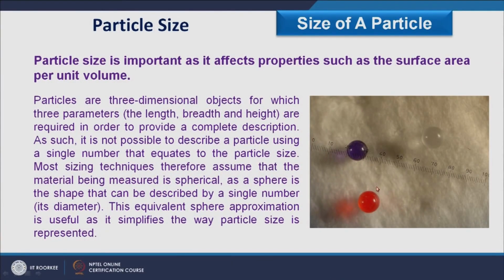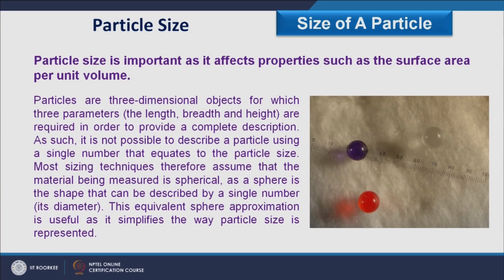In this picture, though it is a 2D image, you are seeing some spherical balls, and these spherical balls are basically 3D objects, not 3D images. Similarly, each particle has three different dimensions, though a sphere has only one, but usually a particle has three different dimensions. And measuring all three dimensions of all the particles would be very difficult and practically impossible.